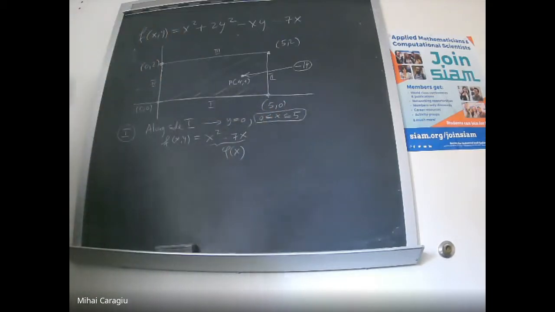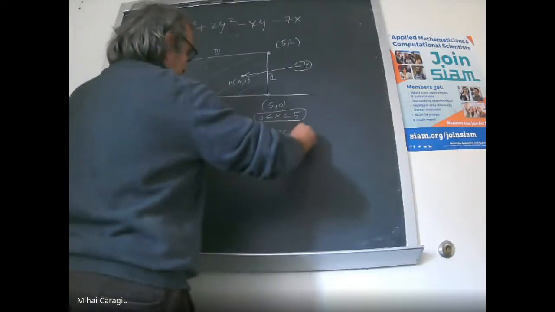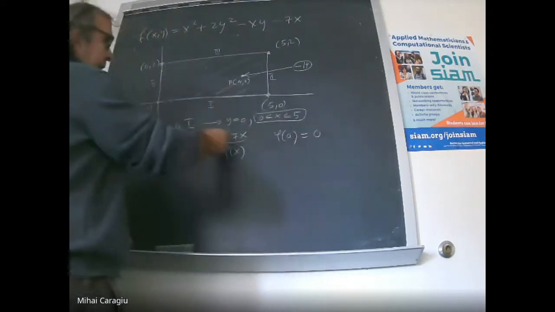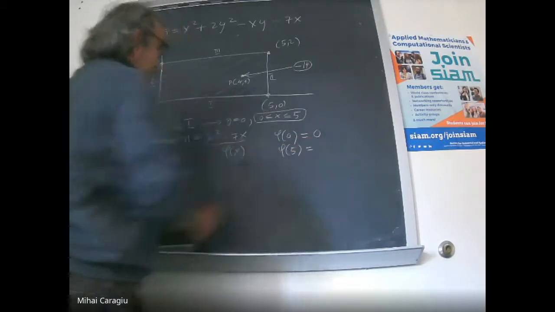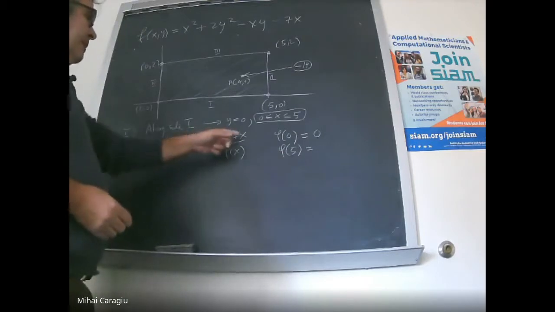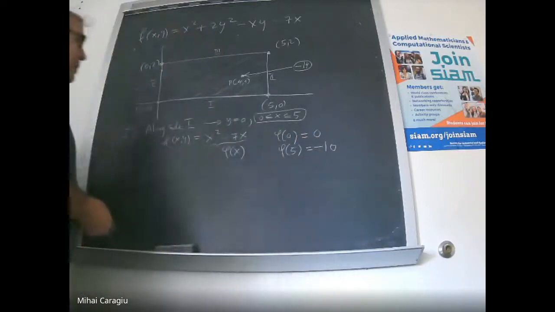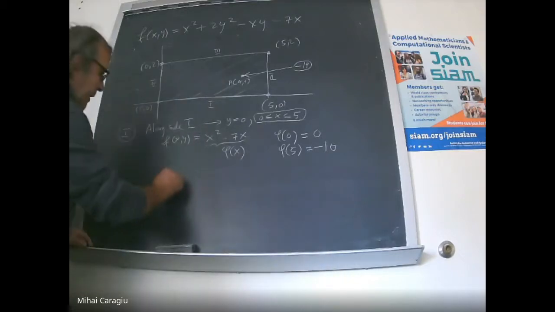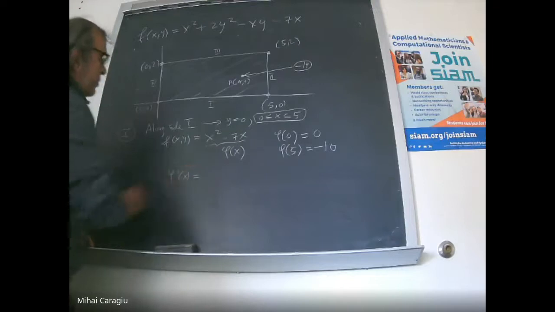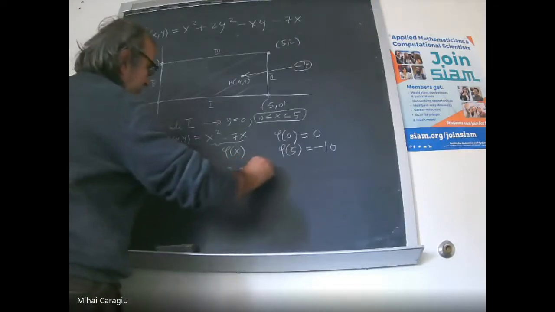This is basically standard max-min from calculus 1. So p of 0 equals 0 squared minus 7 times 0, which is 0. p of 5 equals 5 squared, 25, minus 7 times 5 is 35, so 25 minus 35 is minus 10. And what about the critical point of p of x between 0 and 5? Let's do p prime of x equals 2x minus 7 equals 0.